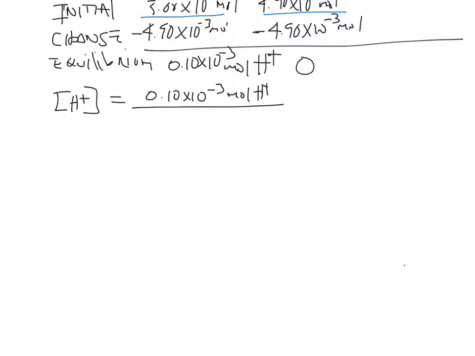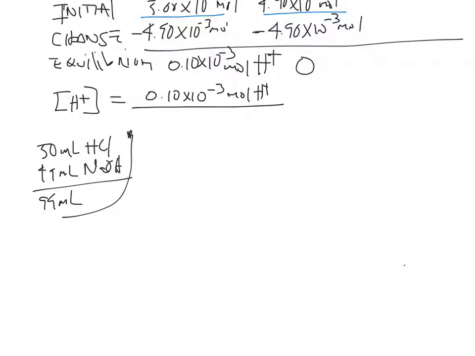But remember that we add 50 mils of HCl and 49 mils of sodium hydroxide. So our total volume now is 99 mils. So this is the volume that we need to add in this calculation to determine the concentration of H positive.